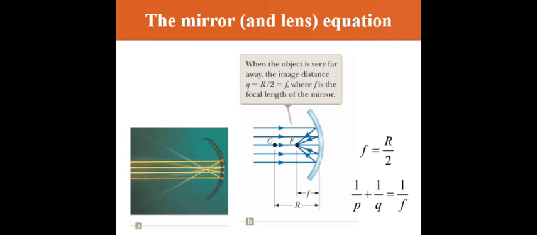This distance is called the focal length and is represented by a lowercase f. So the focal length just depends on the radius. It doesn't matter what the material of the mirror is, since light is just reflecting, there's no refraction, so there's no consideration for index of refraction or anything like that.